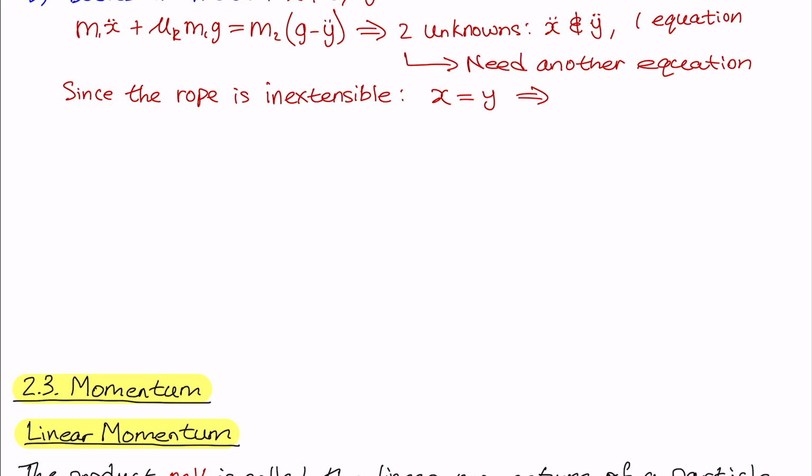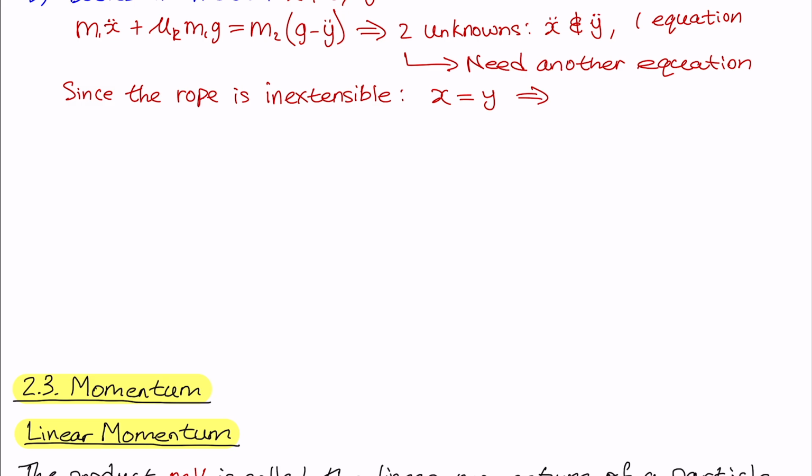What does that imply? Yep. The magnitude of their accelerations will be the same. Which means that it's just one acceleration, and what do I write? It's not a hard question.